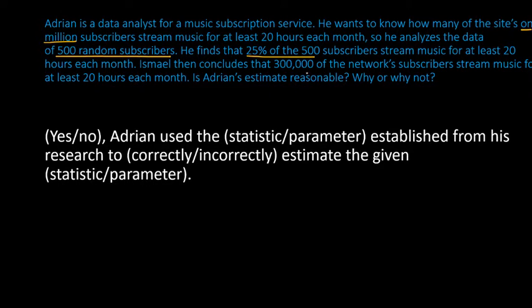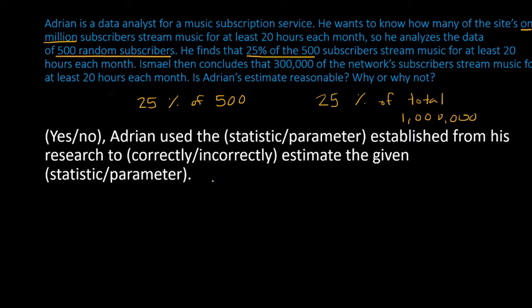So based on that, he figures that 300,000 of the total 1 million subscribers are streaming. So what did he do? Well, he said, okay, if 25% of my 500 people are streaming that much each month, then I bet 25% of my total, or my 1 million, are probably streaming as well, right?